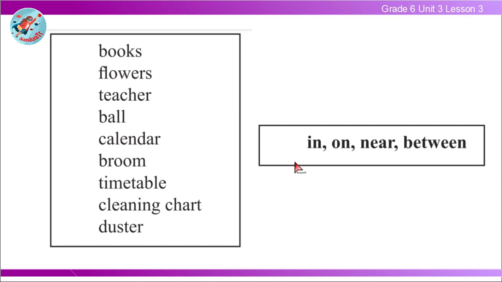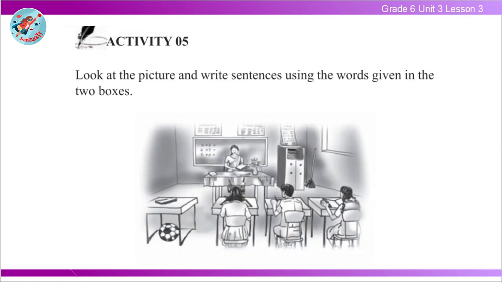And also children, they have given us some prepositions too. They are in, on, near and between. So using these words and the prepositions, we have to describe this picture.